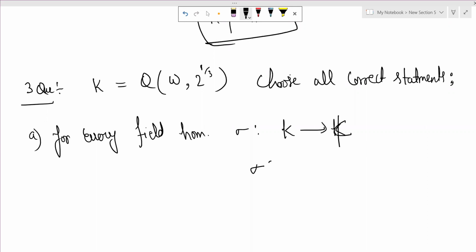Is this true or not? Tell me. I proved something in my 5th or 6th interaction session, about where an element can go under a field homomorphism. I proved statements related to that. So whoever attended that session can attempt this question.